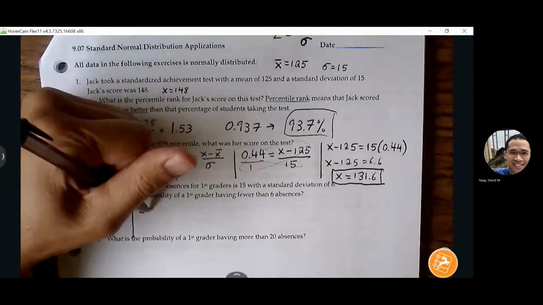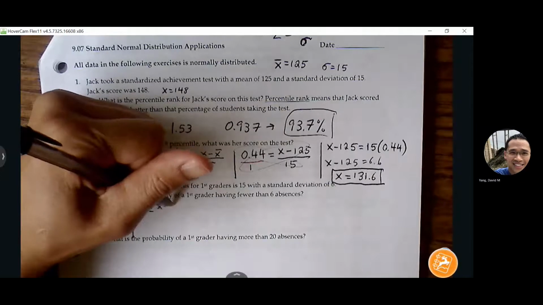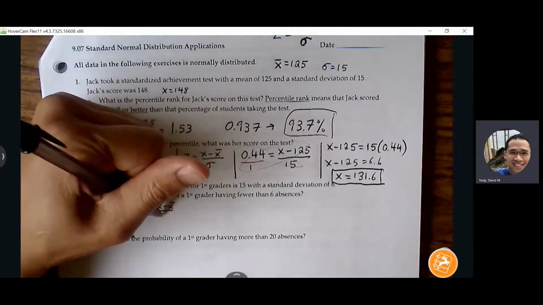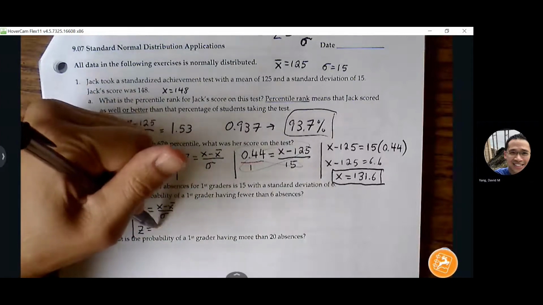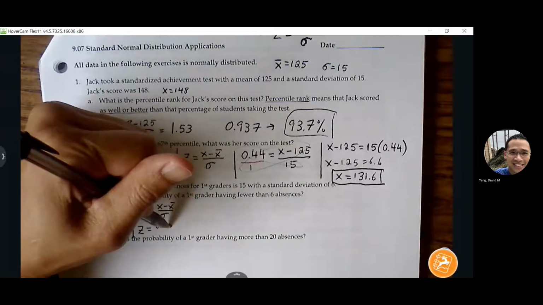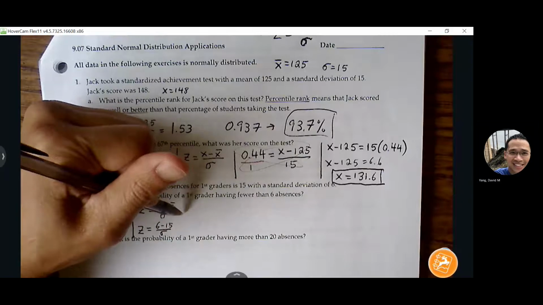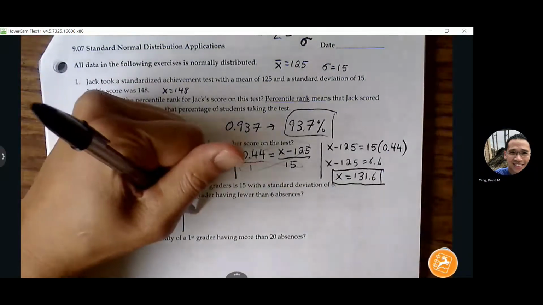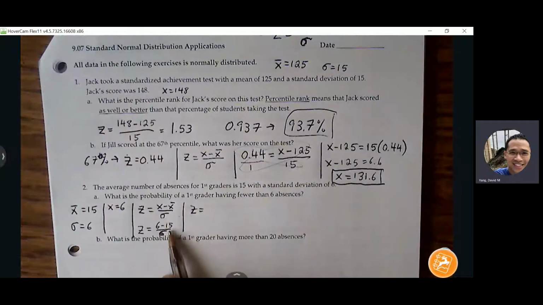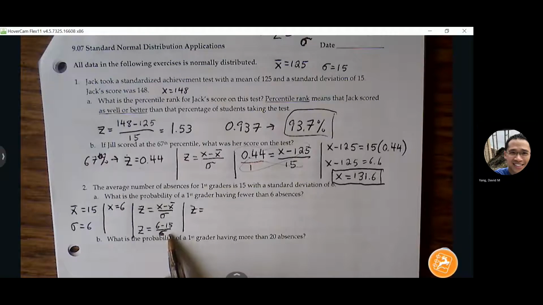Z-score. Okay, so negative 9 over 6 is negative 1.5.